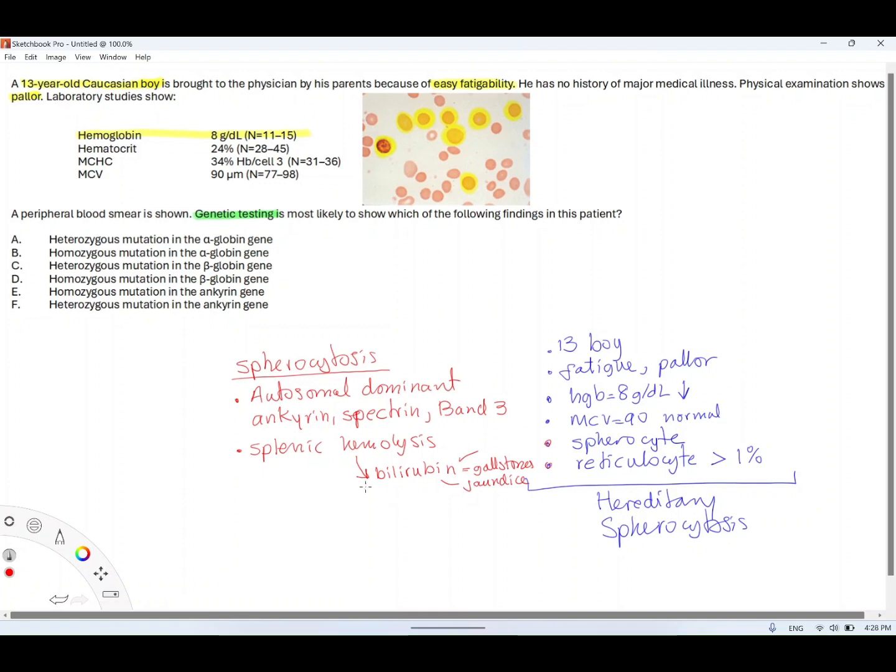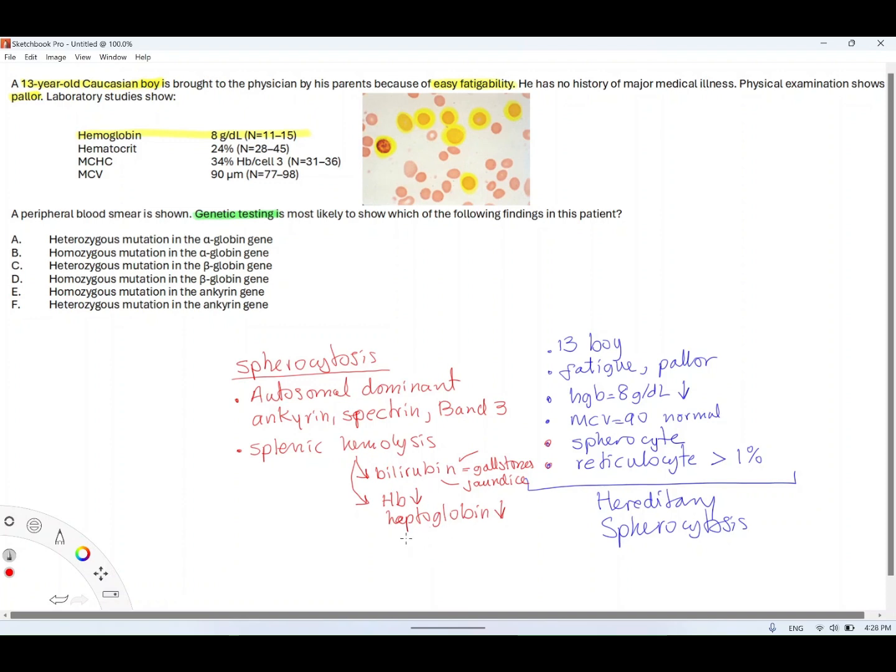Now, what else can be released from these red blood cells? Well, red blood cells have hemoglobin. As these red blood cells burst, they lose hemoglobin, so the hemoglobin concentration should be low, which we have. And of course there should be haptoglobin. You would expect it to be decreased.